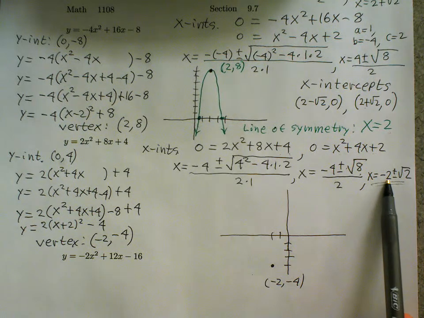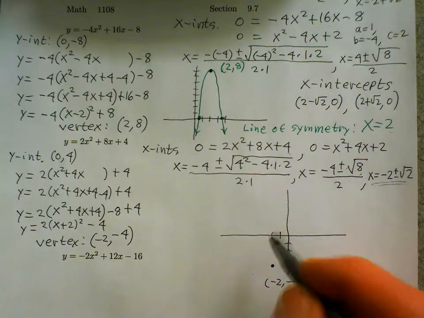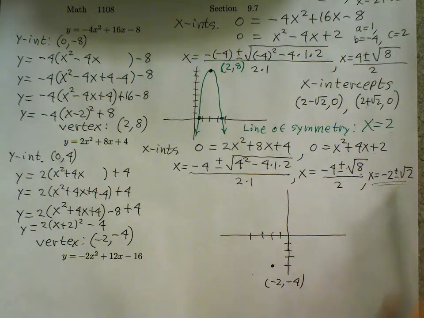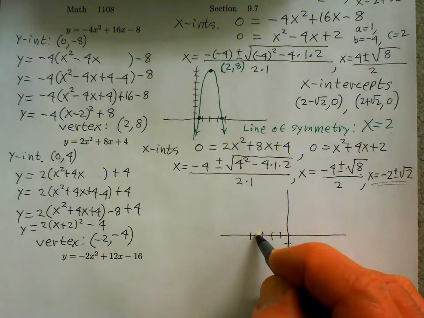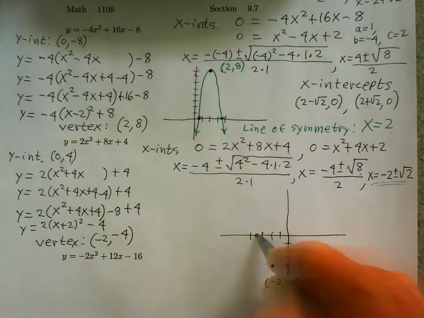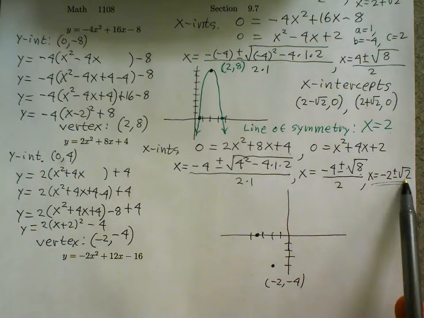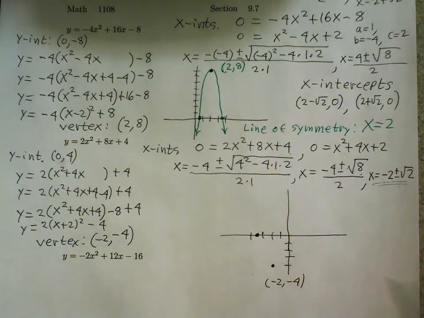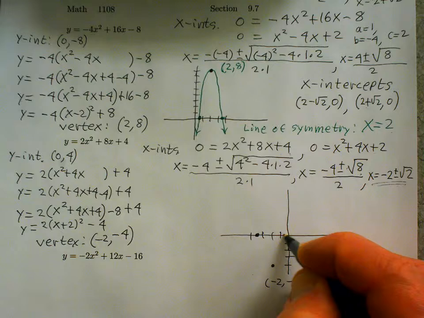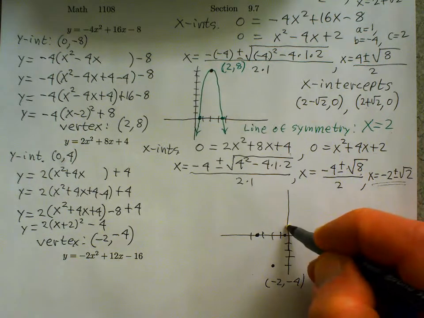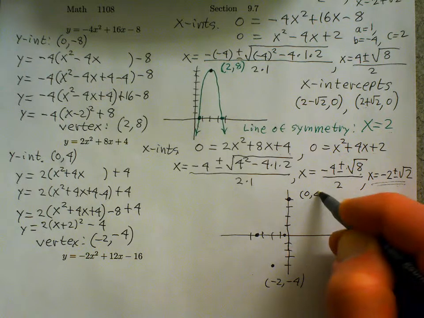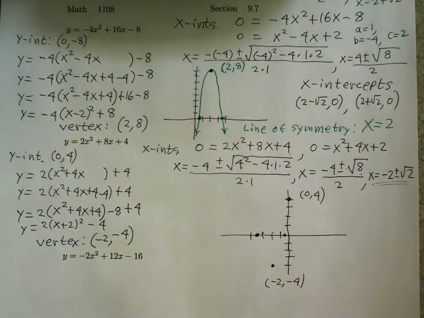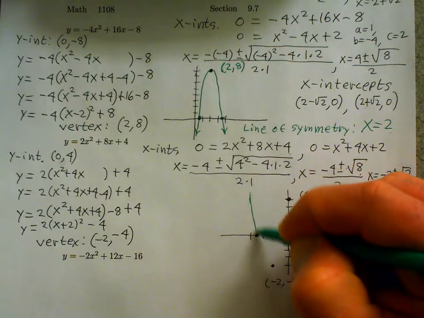Okay, so -2 minus the square root of 2 is about -3.4. And then -2 plus the square root of 2 is about -0.59. And we can plot the y-intercept finally. The y-intercept is 0, 4. So here's our rough sketch of the parabola.